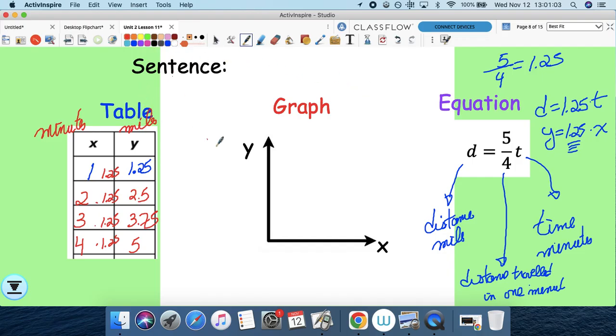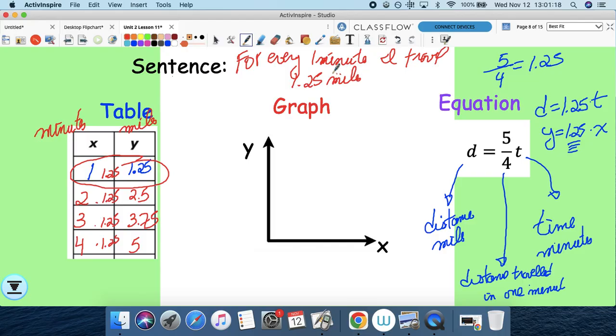So, can you write this as a sentence? Well, here we go. For every 1 minute, I travel 1.25 miles. There. So from the equation, once you understand what the equation stands for, you can create a table, and we're going to create a graph right now.